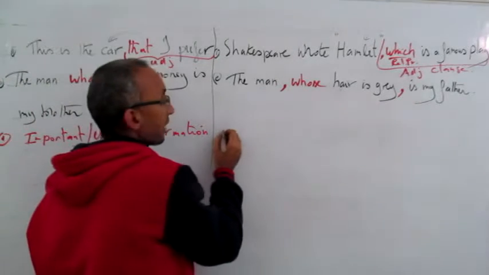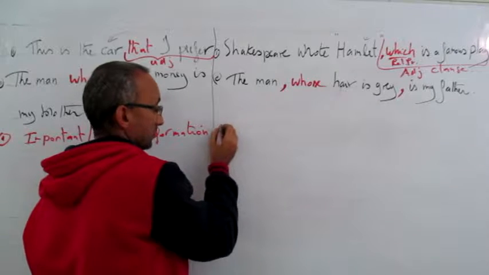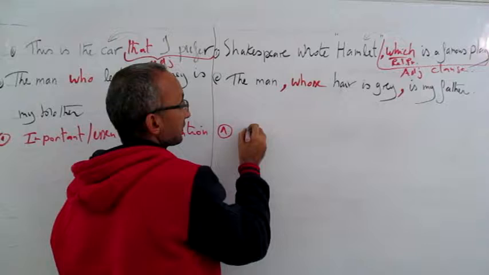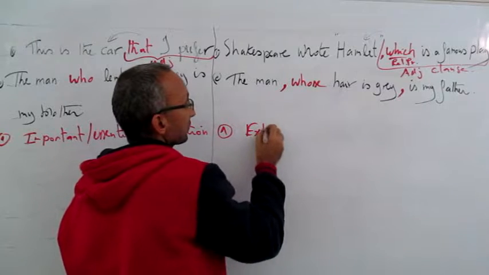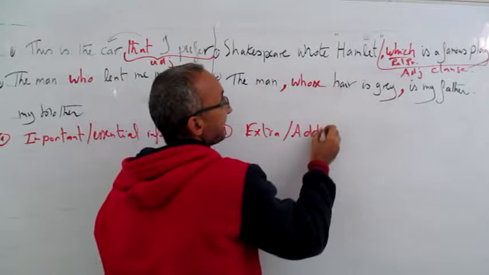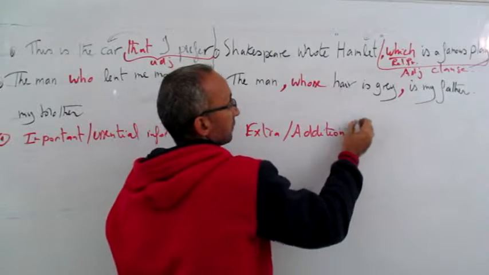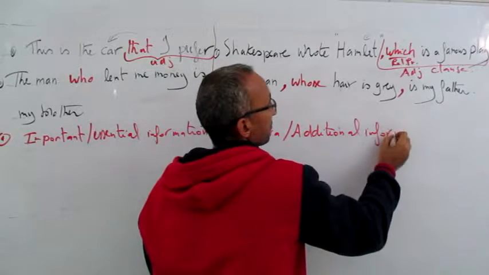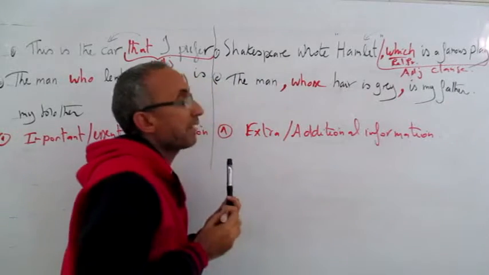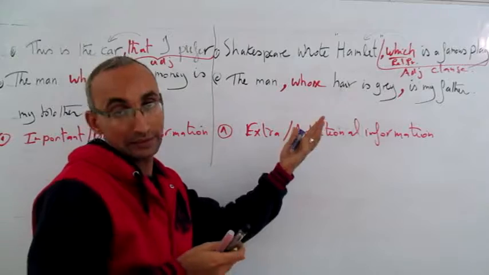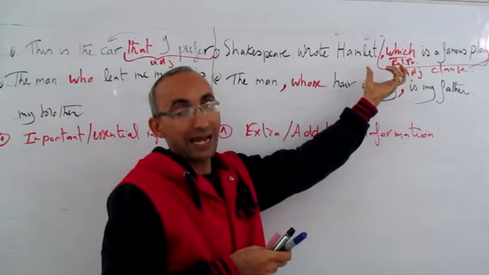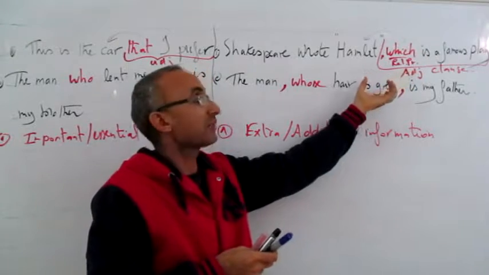However, the second one, on the other side of the board, gives us only extra or additional information, because Hamlet itself is one noun. It doesn't need any essential part to identify or define it.